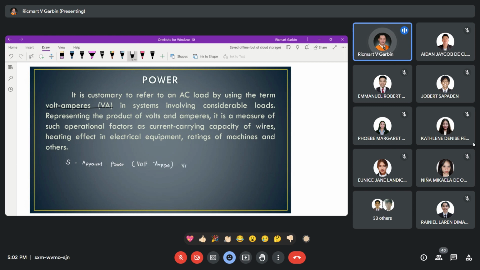Yan, or VA. Tapos, we have reactive power, in volt ampere, reactive or VAR, at saka yung active or what we call the real power, which is measured in watts.